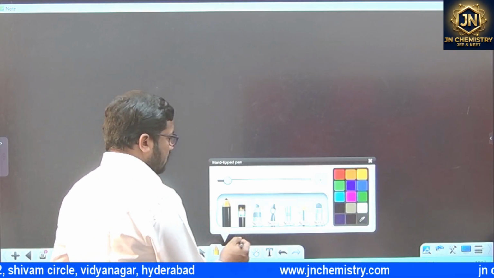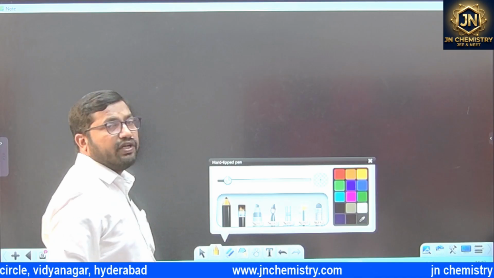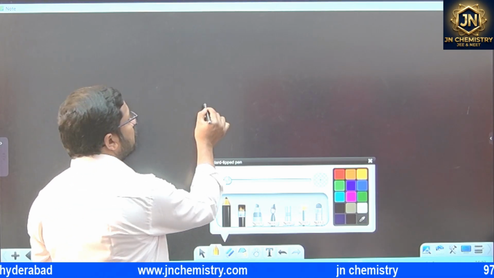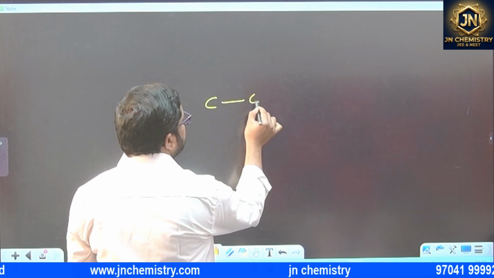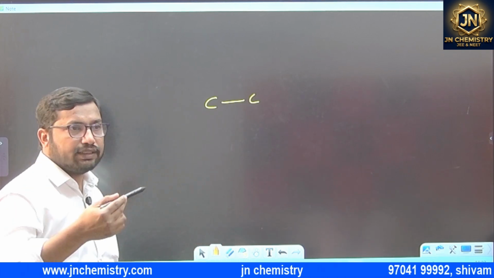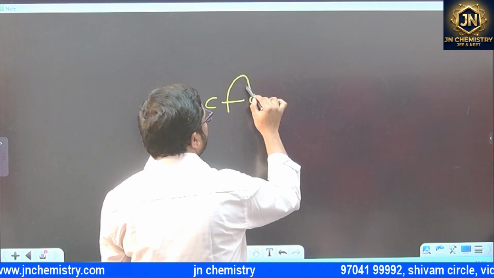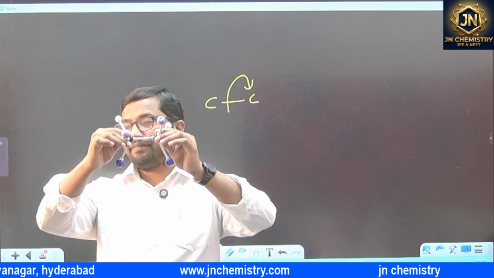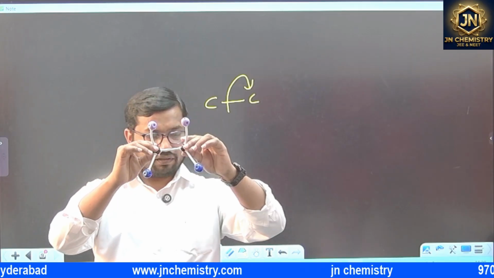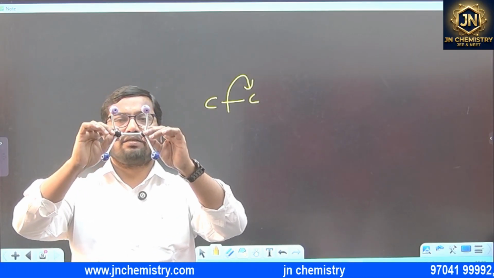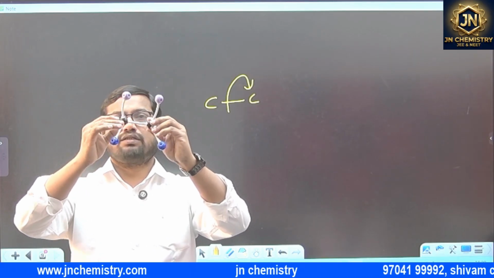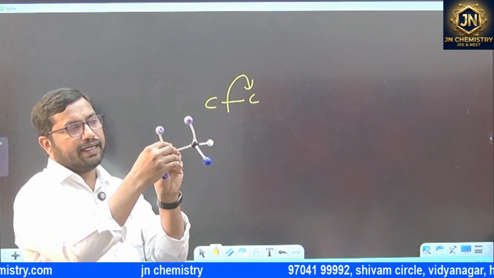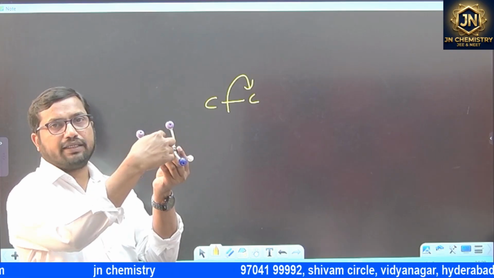Next, alkanes will show conformational isomerism. I already discussed that in conformational isomerism, when a C-C single bond is there, free rotation is possible. What is free rotation? Imagine that this is carbon here. Try to understand this angle, we could say dihedral angle.